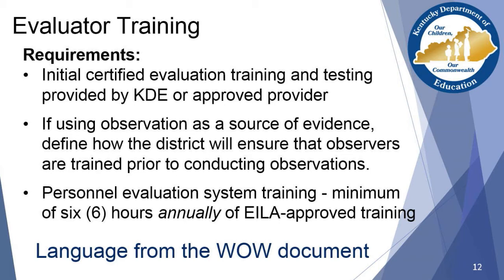Yeah. So just to dig in a little bit deeper, we can look at this in 3 different components. First of all, any person that is going to serve as an evaluator has to have that initial certified evaluation training. That's the 2-day training that we've had in the past that we'll be conducting throughout the year.